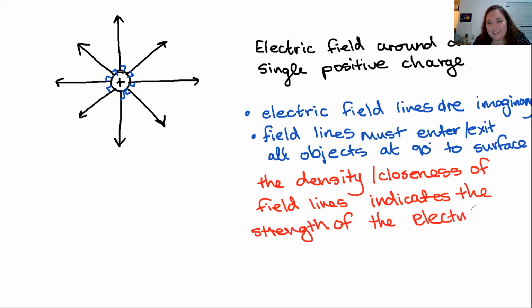Can't swap my fields here. So your electric field at a point is indicated by the density of the lines. Closer to the charge, you'll see that these lines are closer together. Over here, further away, they're further apart. So further away from the charge, they're further apart. I hope everybody's good with that.